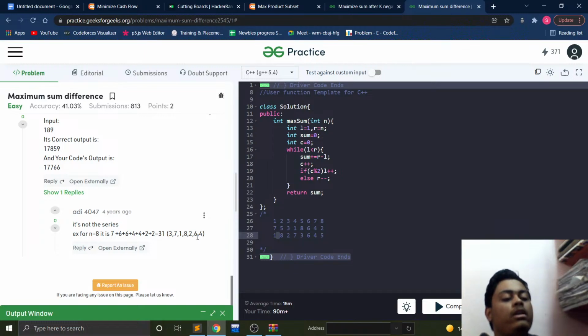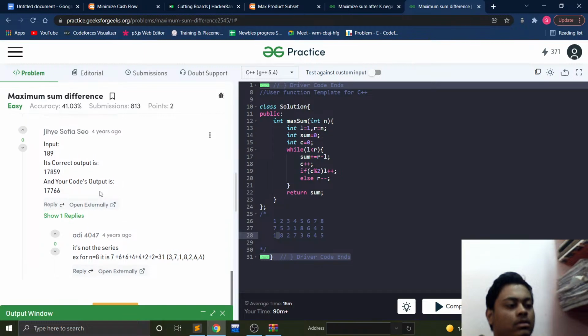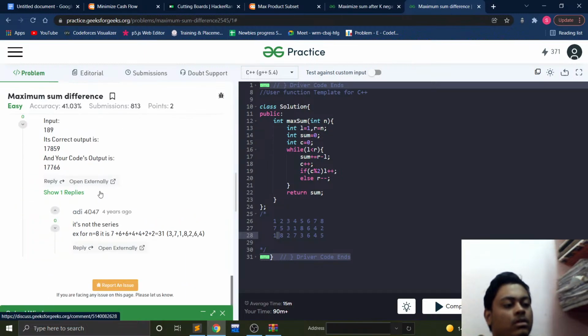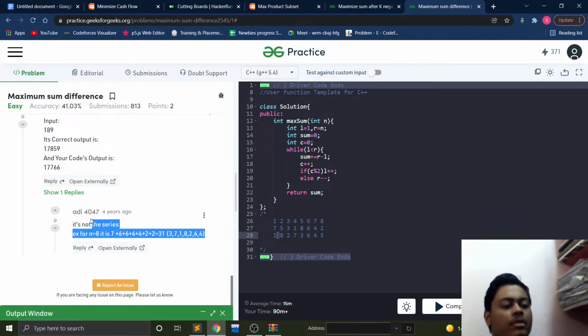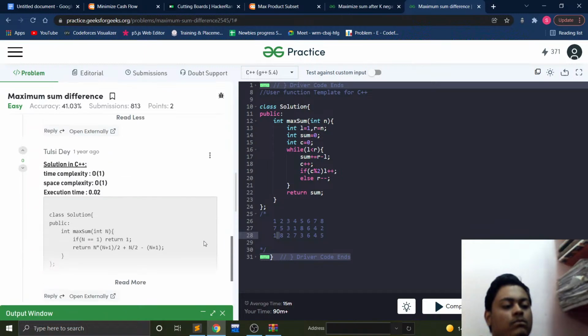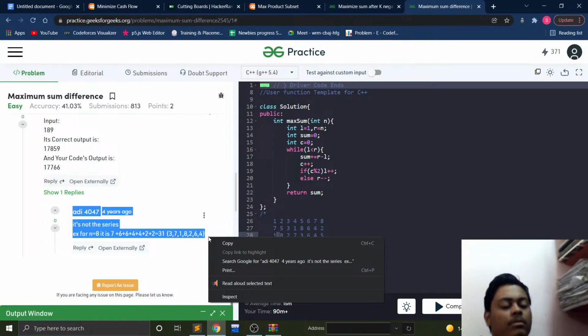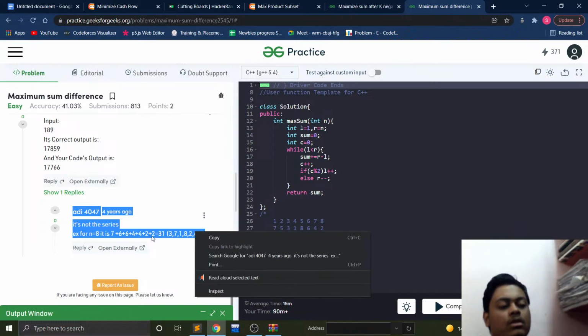Should we be alternative in the evens and odds? Yes, we have to be alternative in the evens and odds according to what is said here, but how can I come up with this approach?